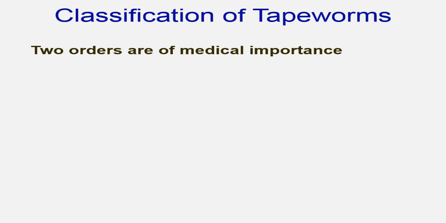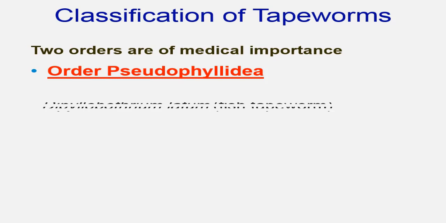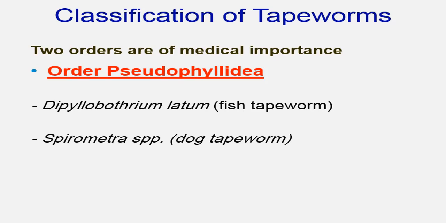Let's talk about classification of cestodes. There are two orders of medical importance: order Pseudophyllidea and order Cyclophyllidea. Order Pseudophyllidea contains two important parasites. The first one is Diphyllobothrium latum, which is called the fish tapeworm, and Spirometra species, which is called the dog tapeworm.